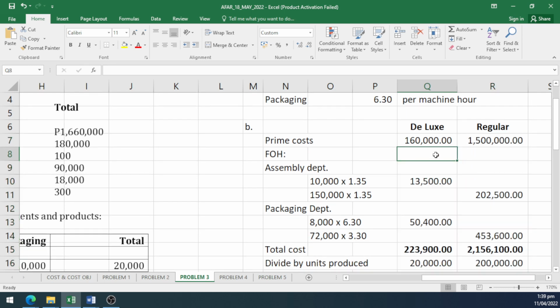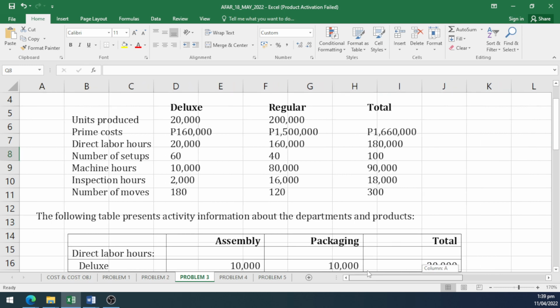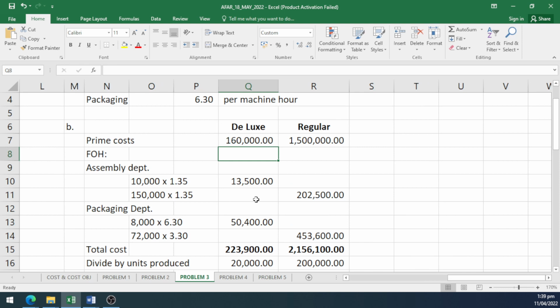Okay, so the prime costs are the following. For deluxe, 160,000. For regular, 1,500,000. Given yan, class, ha? Next, we compute the factory overhead.